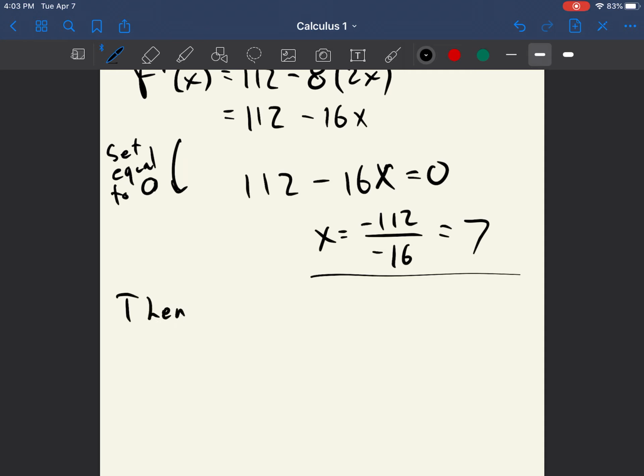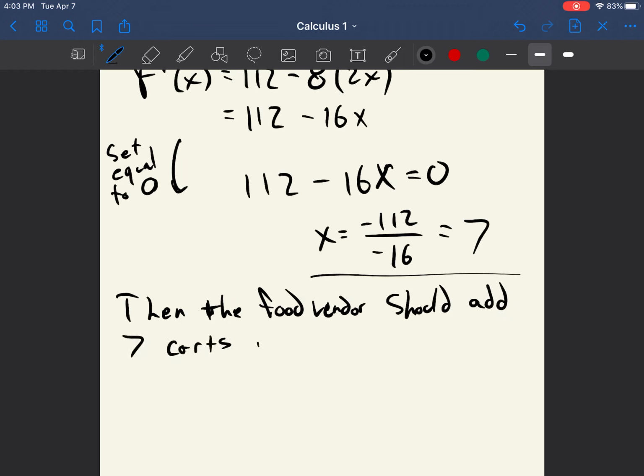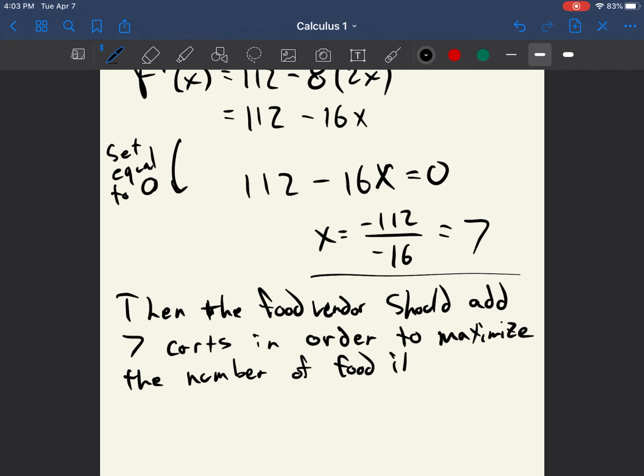So then the food vendor should add 7 carts in order to maximize profit. So maybe instead of maximize profit, I'll say maximize the number of food items sold.